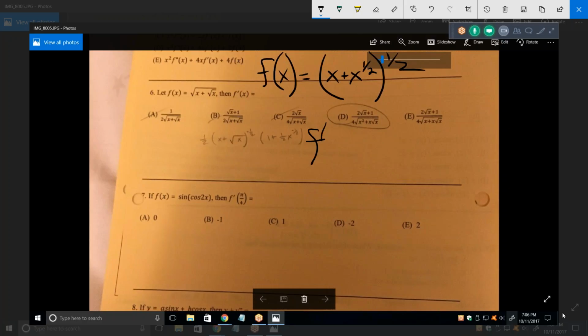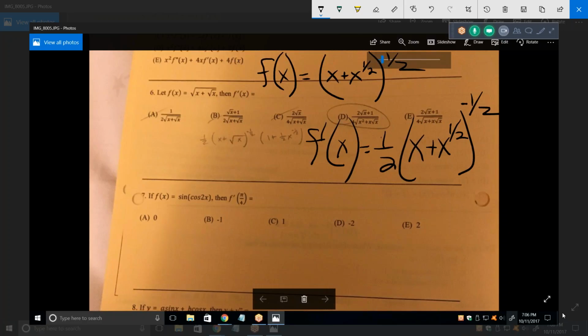So it would be 1/2 times x plus x to the 1/2. Hold on. Don't change the inside. That's the derivative of the outside. And then now you got to multiply that by the derivative of the inside, which is what?